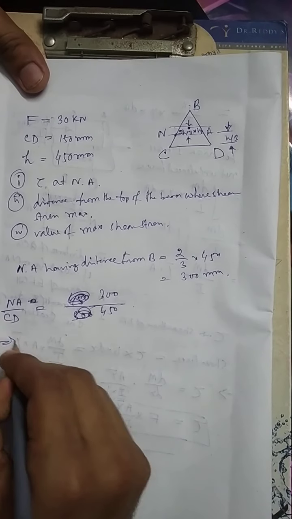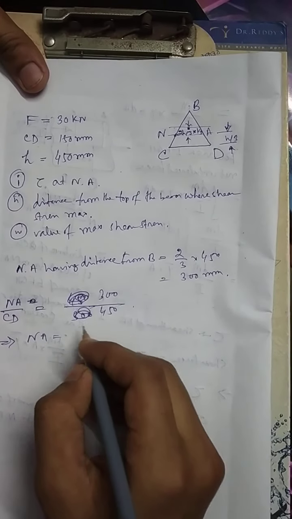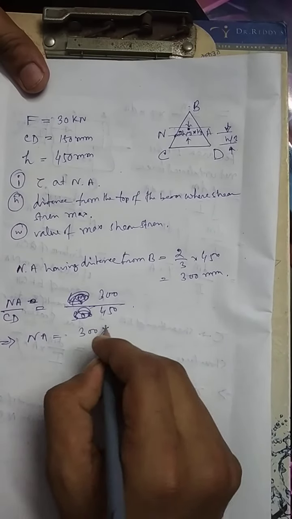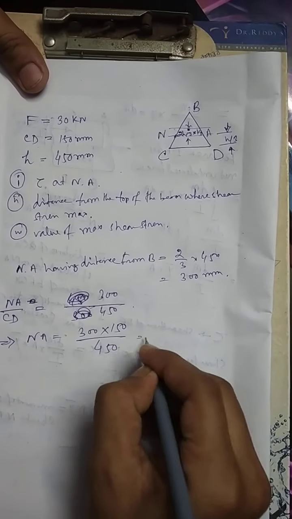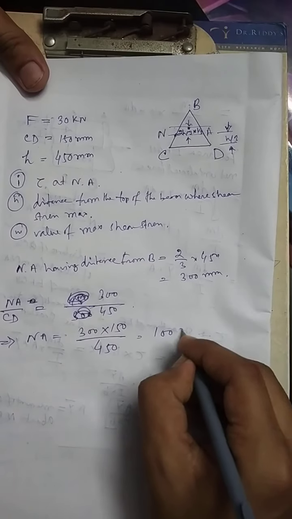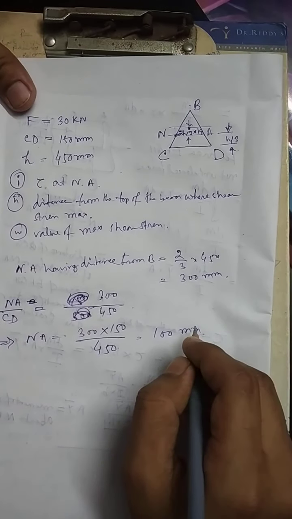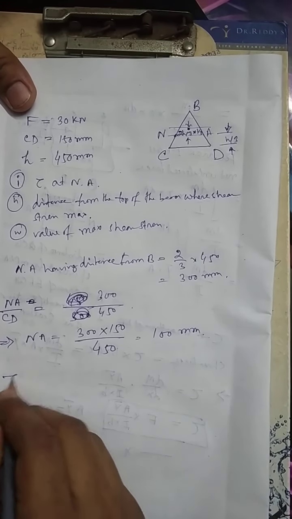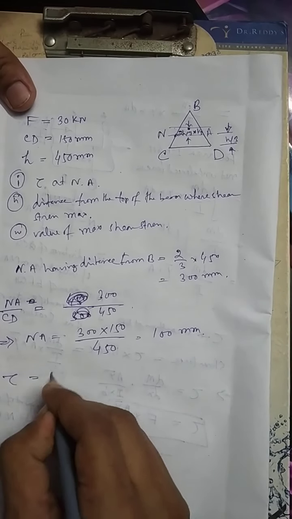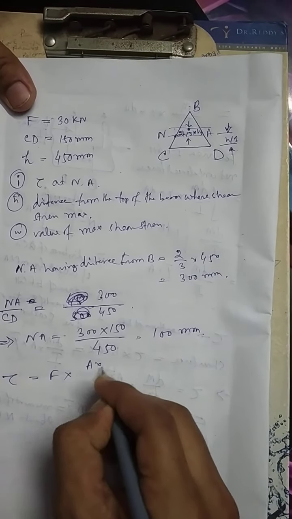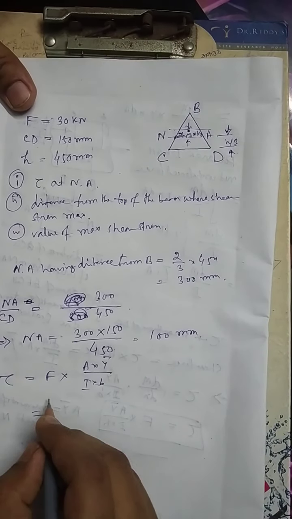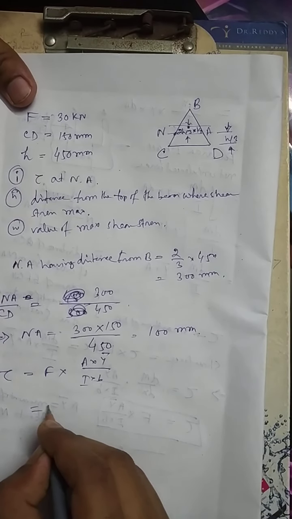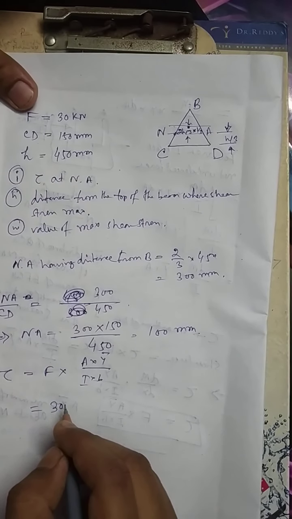So NA is equal to 300 into CD, which is 150, by 450. So NA is 100 mm. Now the shear stress at NA will be given by the formula F into A into y bar by I into B. So the shear stress will be, F is given as 30 kilonewton.